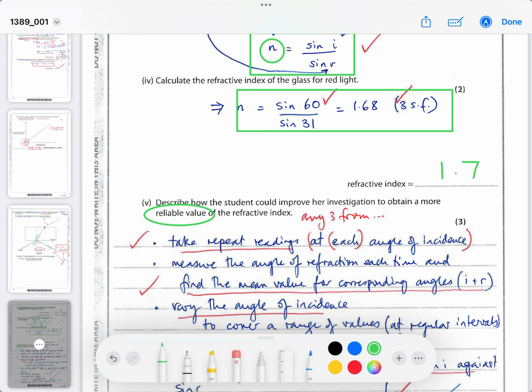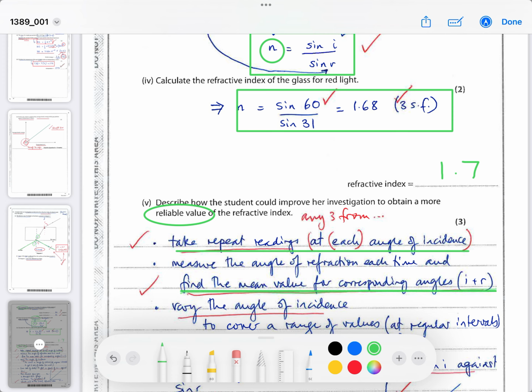So the first thing you would say is take repeat readings at each angle of incidence, and find the mean value for both the angle of incidence and the angle of refraction.